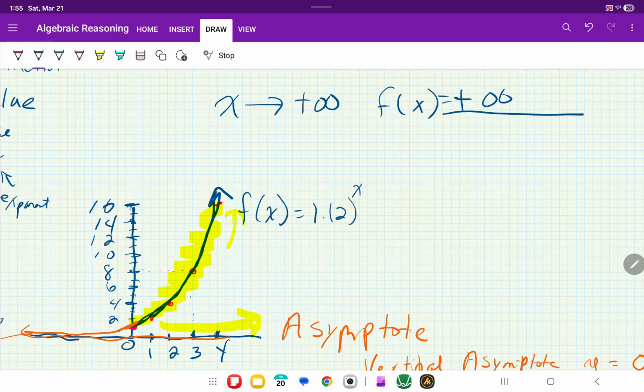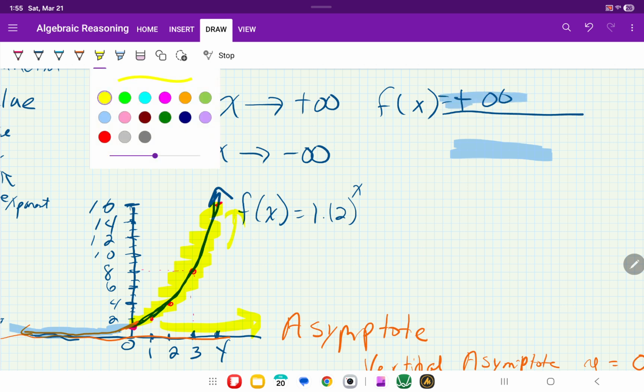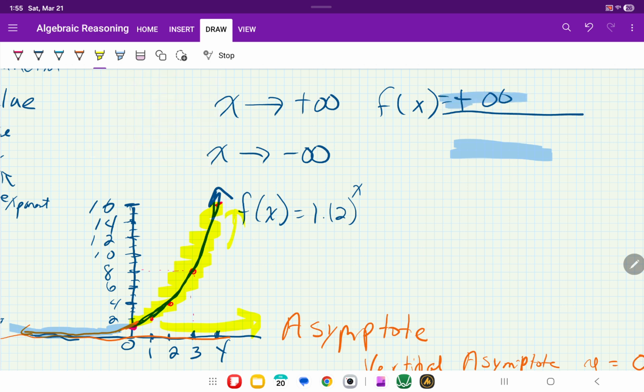And then as x approaches negative infinity, let's do that in a different color, this blue here. What is our f of x doing? So it's going this way. Should have gone ahead and highlighted that. I want that to be yellow.